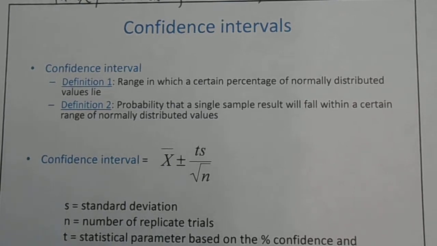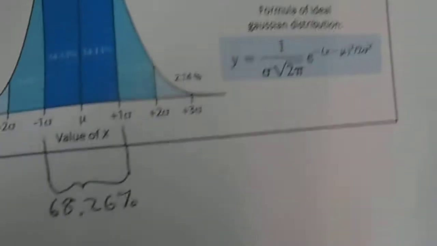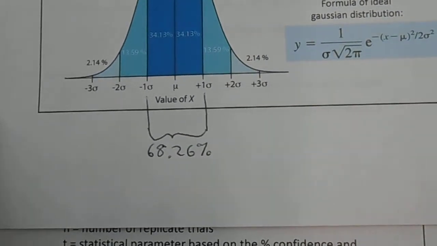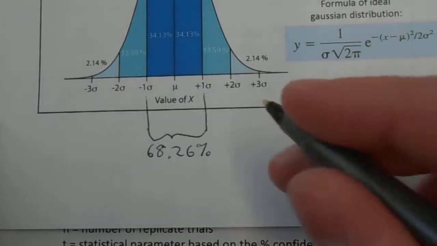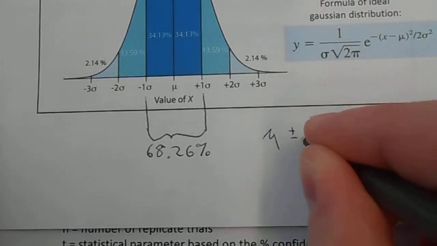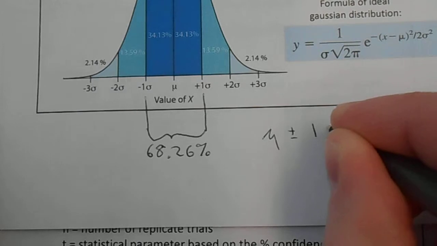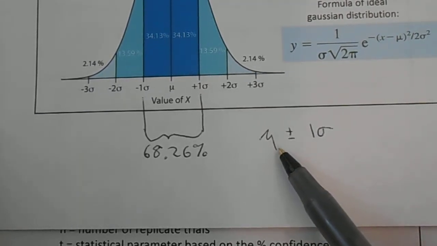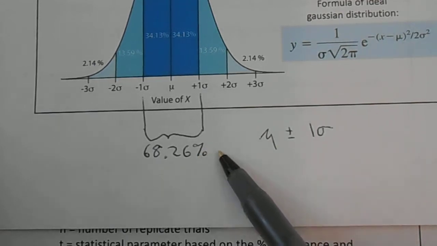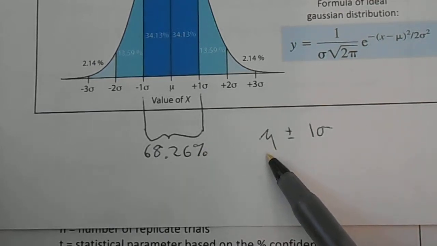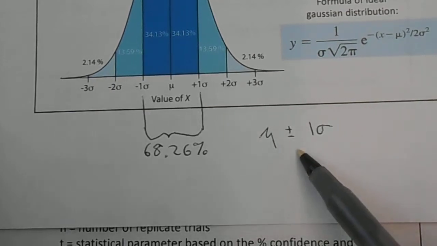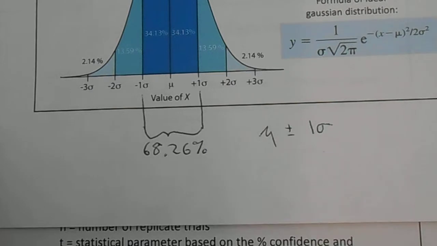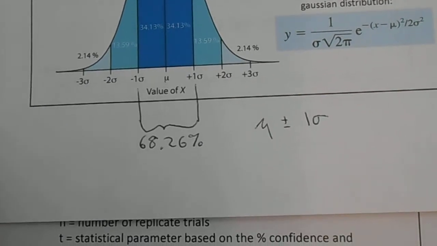One way we could think of it is if we said mu plus or minus 1 standard deviation, we could say that we have 68.26% confidence that any new measurement would fall within this range. So that in itself is like a confidence interval.